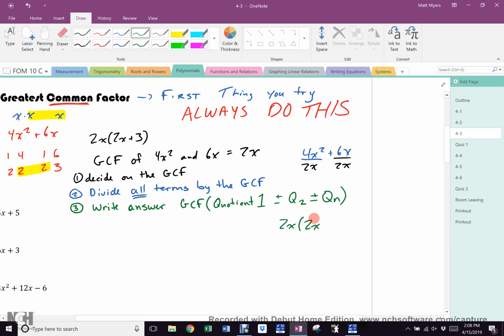X squared divided by x is x. Quotient 1, done. Plus or minus, which one is it going to be here? Plus, what is 6 divided by 2? 3, and x over x cancels out, and I am done. Does everybody see how to do it? It's pretty easy, right?